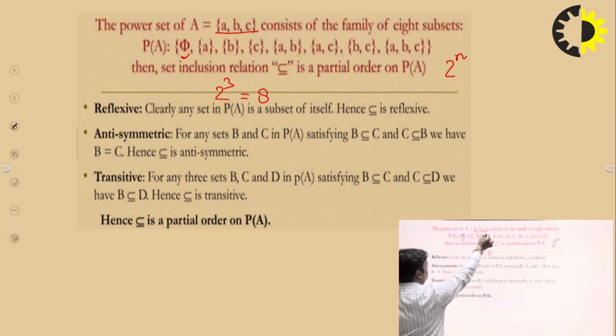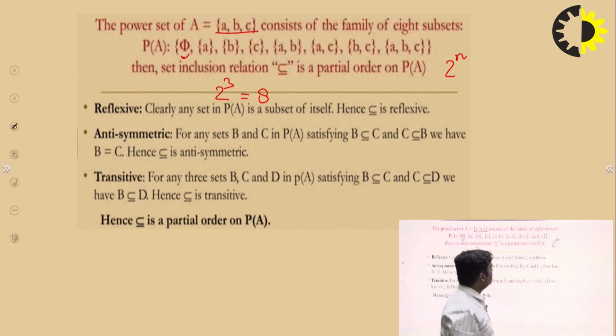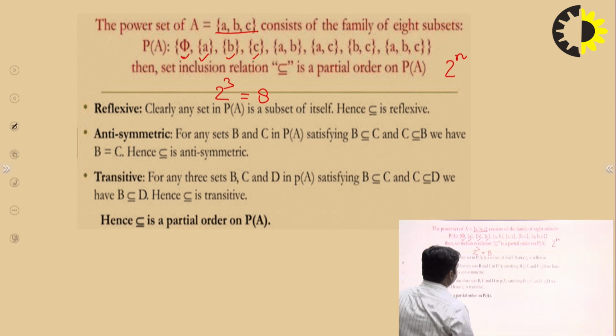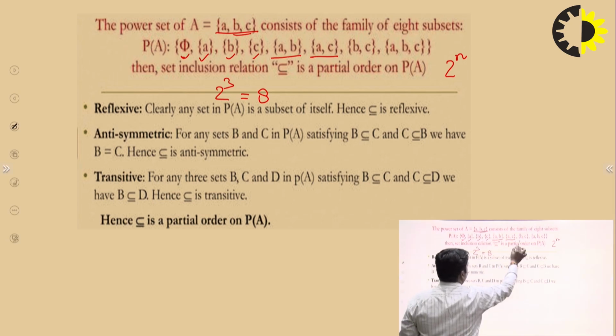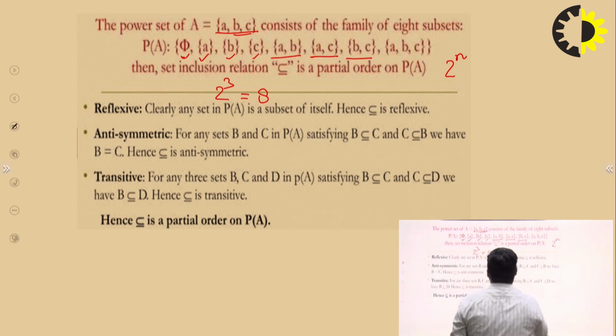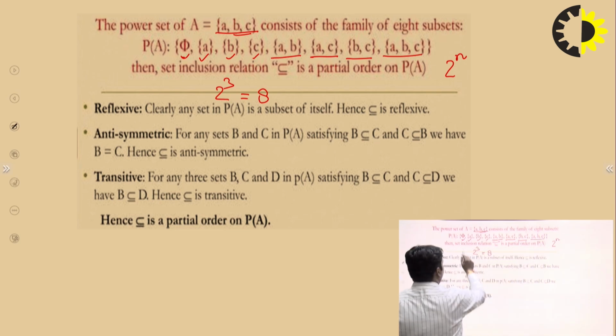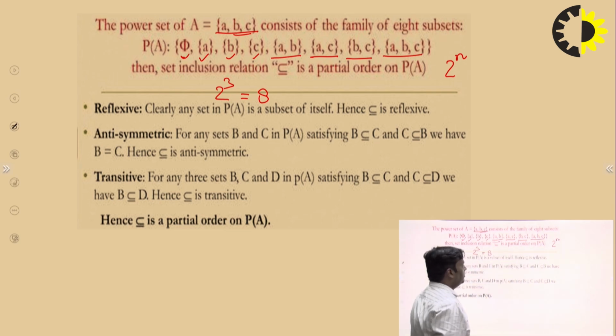Then A, B, C are the three elements in a set, and we find the subsets of all the elements: A as a subset, B subset, C subset, then the combinations A, B here, A, C here, B, C, and the complete set A, B, C is here. Then the number of elements in the power set is 8.